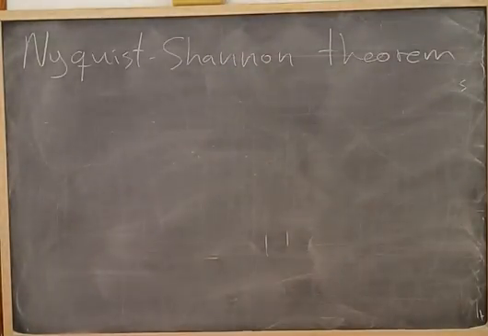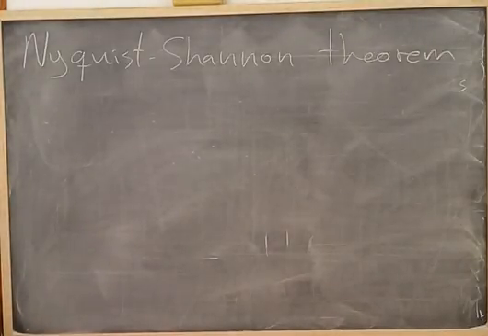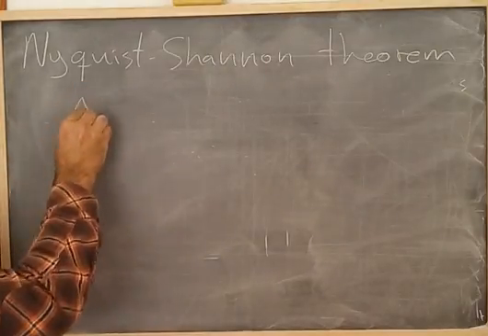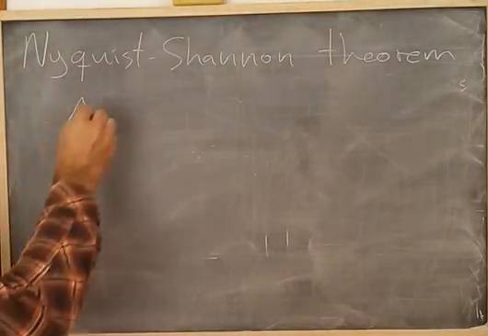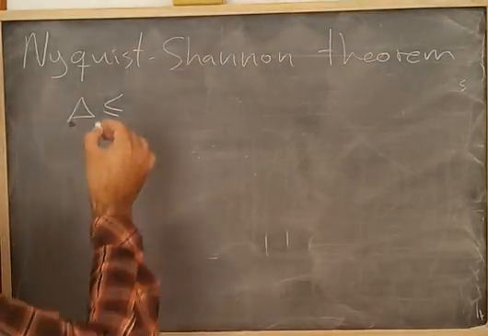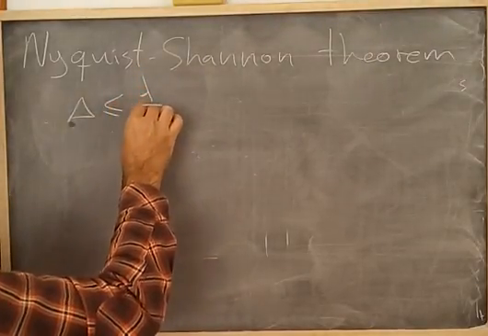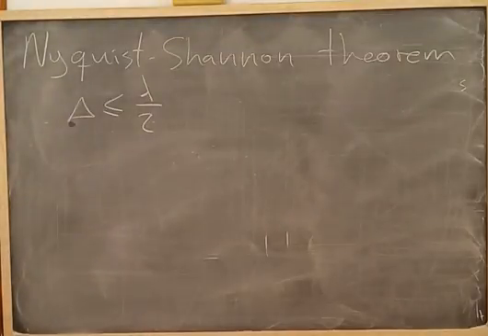If we want to sample an electromagnetic signal properly, we have to divide the computational domain. This delta, the biggest element of this mesh in the computational domain, must be smaller or equal than half of the wavelength of the electromagnetic field.